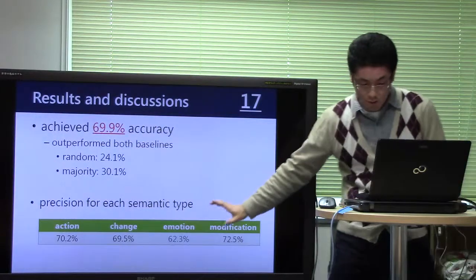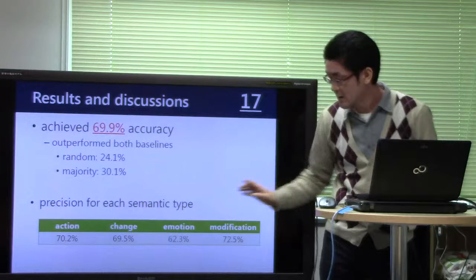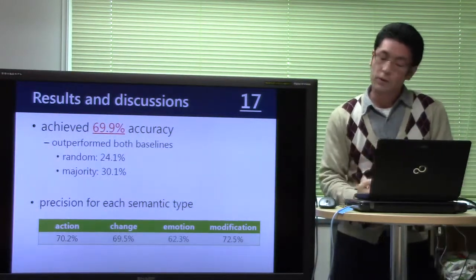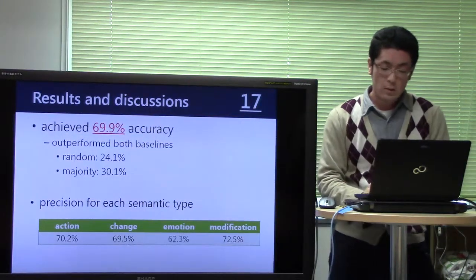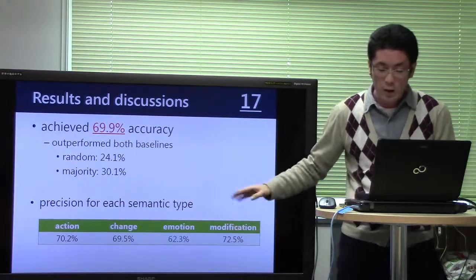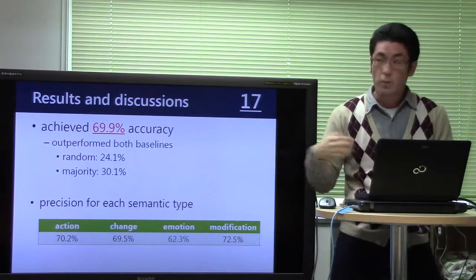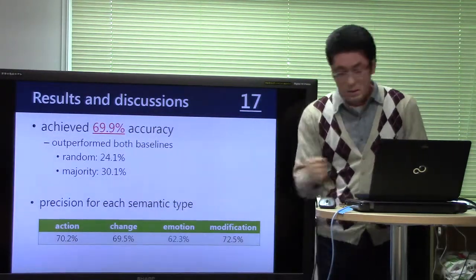The type emotion achieved lower precision than other types. It is because the number of data annotated as emotion is the least. So increasing the data or weighting the data during training can improve the disambiguator's performance.